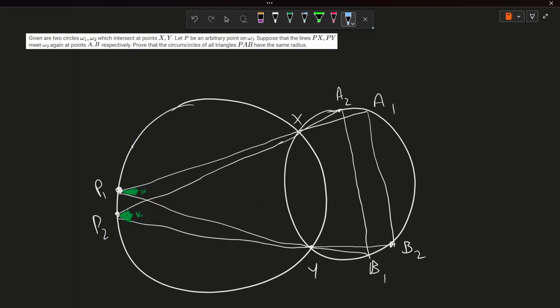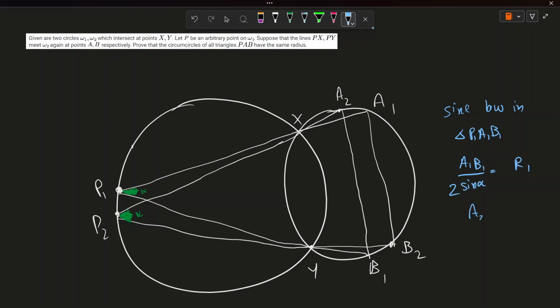And notice that by sine law, in triangle P1 A1 B1, we have that A1 B1 upon sine alpha equals twice the radius. So R1 equals A1 B1 by 2 sine alpha.